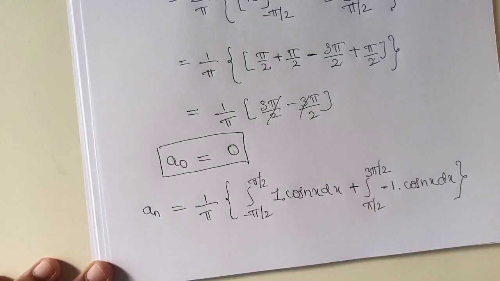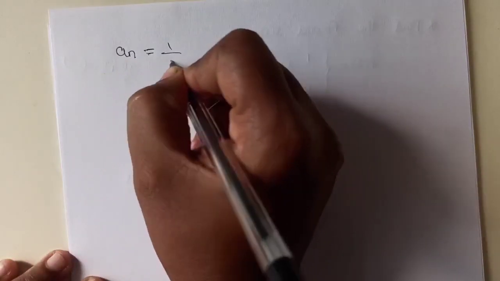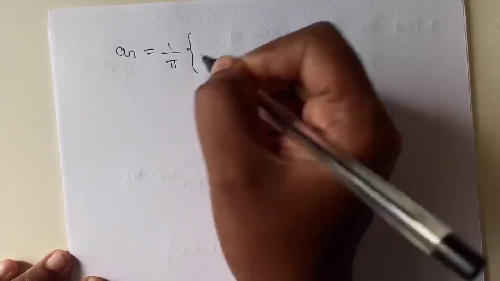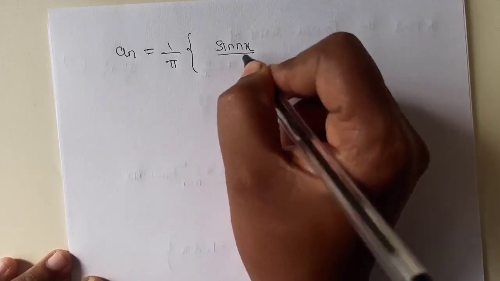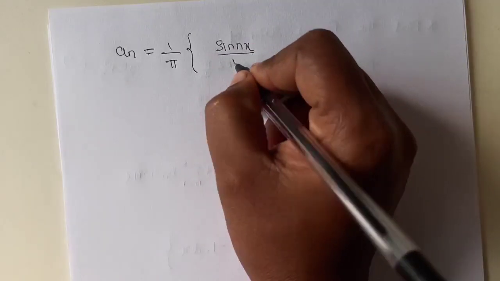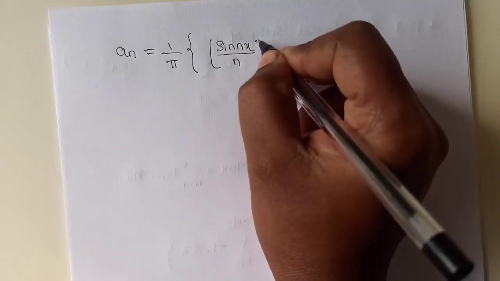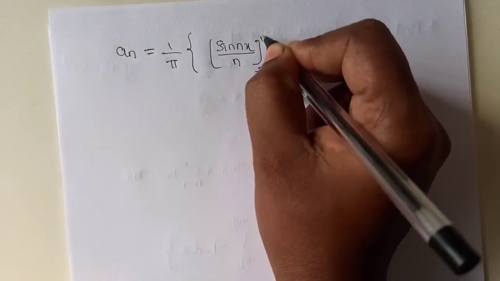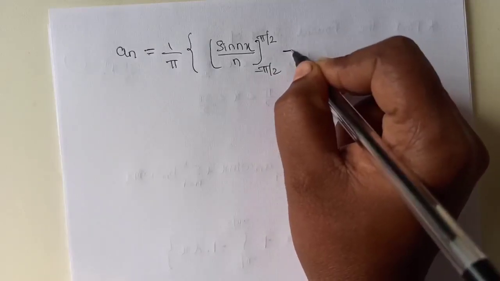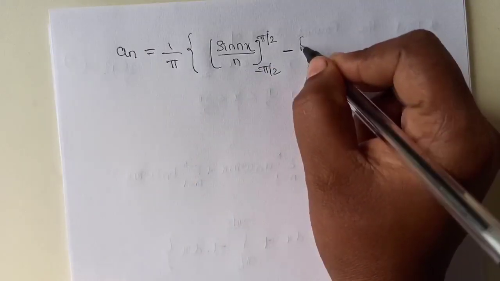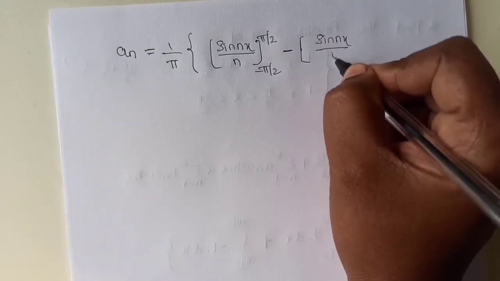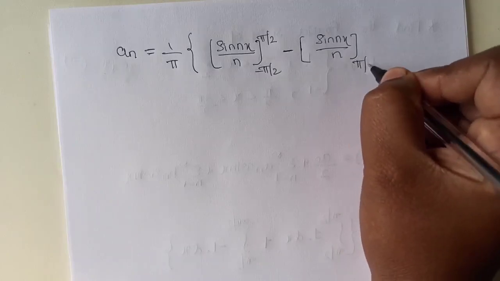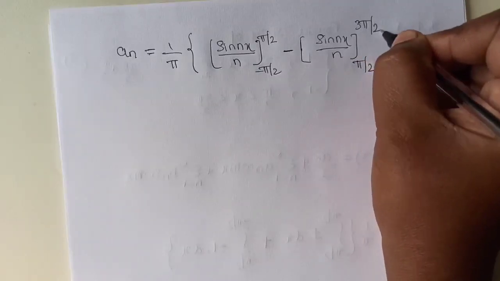Simplifying this we get an is equal to 1 by pi, integration of cos nx is sin nx divided by n, limits are minus pi by 2 to pi by 2. Taking minus outside, we get integration of again cos nx is sin nx divided by n, and the limits are pi by 2 to 3 pi by 2.